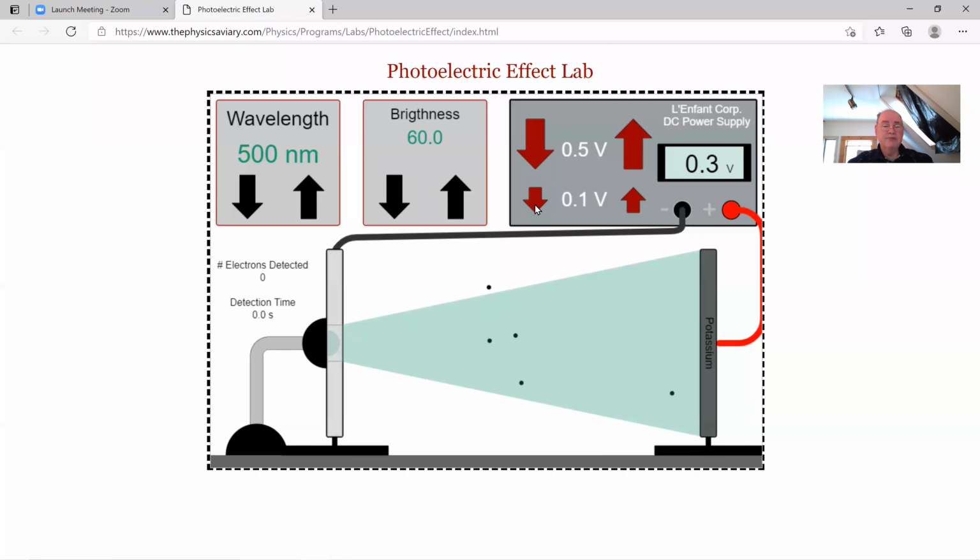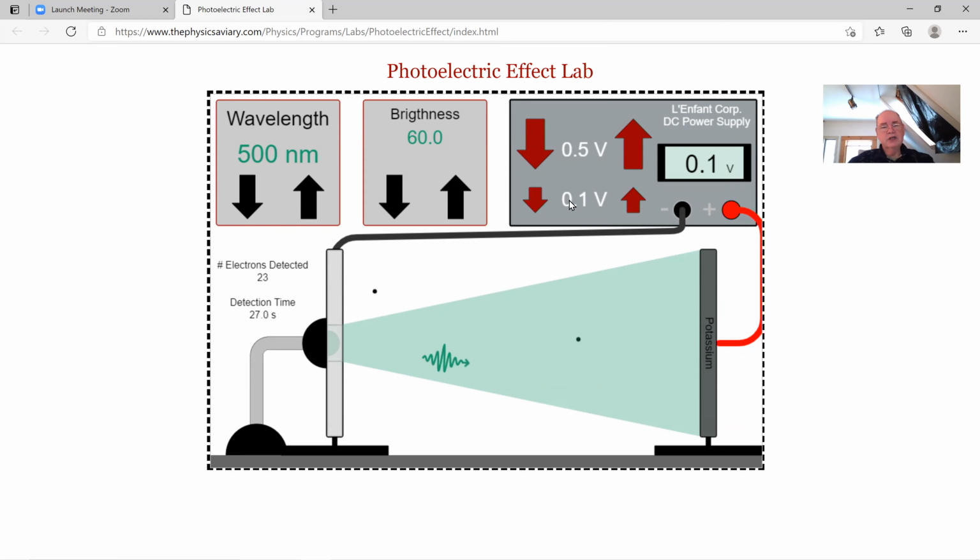But as I bring the voltage down and reduce the strength of the wind, finally the electrons will get to the collector plate. I haven't changed the brightness or the color, but I finally see a current. This is how I measure those maximum energy electrons: by seeing what voltage, what wind, will just stop them. That's the energy those electrons have.